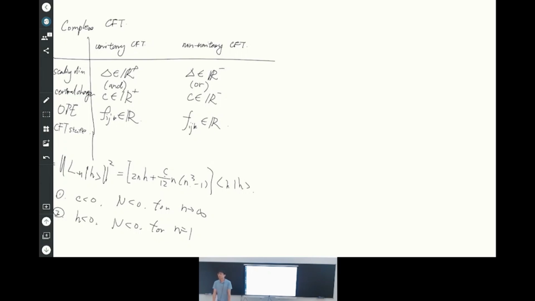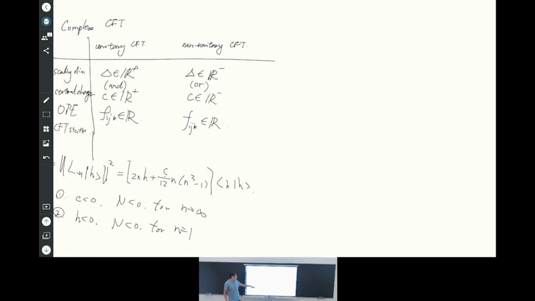Compared to, you mean for high dimension, you just compare it with the unitary bound, right? From below. Yeah, but the set of scaling dimensions, you say, can be negative, right? I'm asking, do you want it to be coming from below or not?